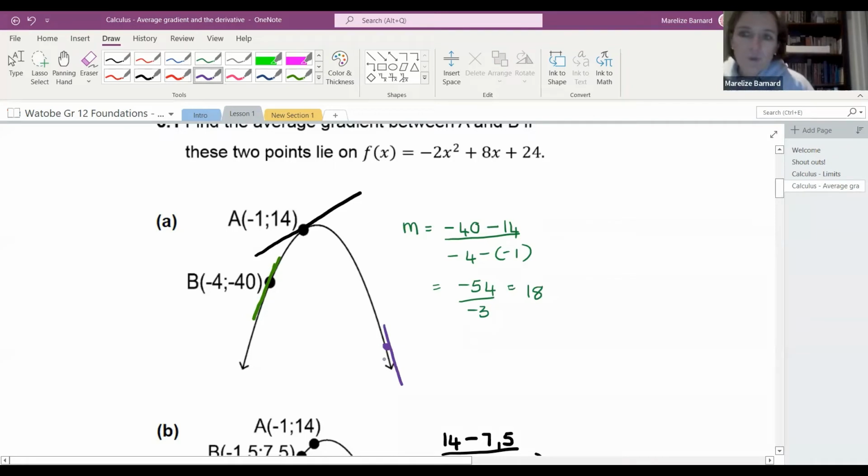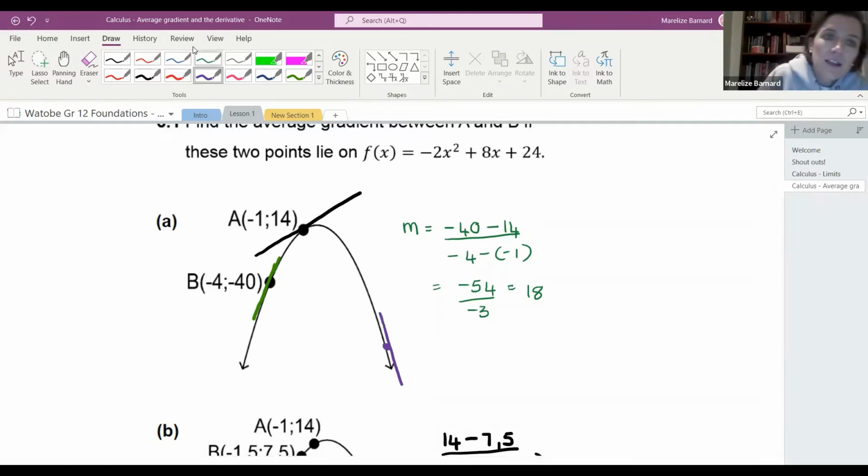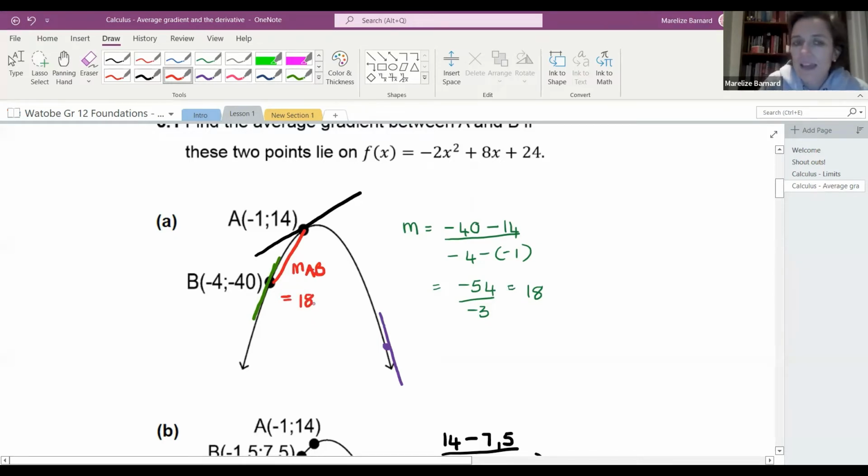If you're working in your book, I would like for you to make a quick drawing of this parabola and draw these tangent lines in as well, because it's quite important for understanding the concept of the derivative. Let me also connect point A and B. The gradient between A and B we've just calculated as an average gradient of 18.